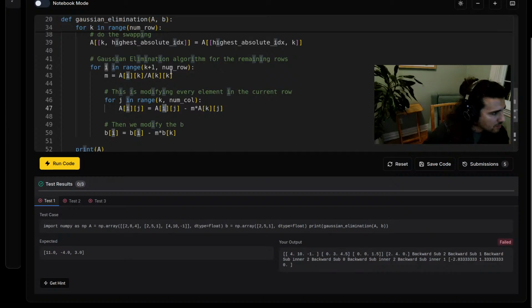We're skipping the K column that we're at, and now we're doing what we had previously, ij minus m times kj.